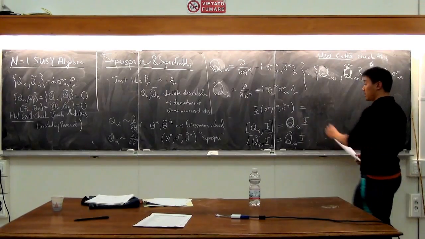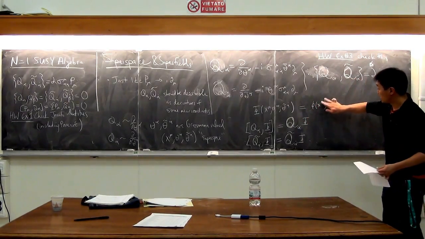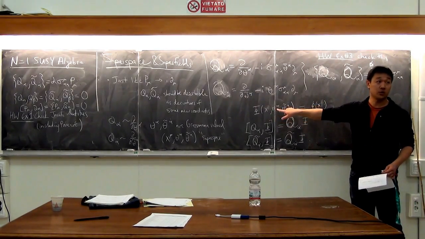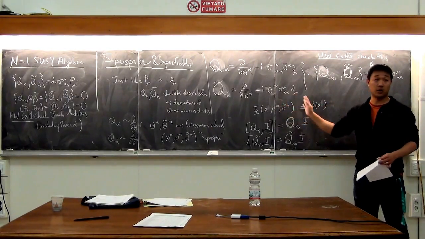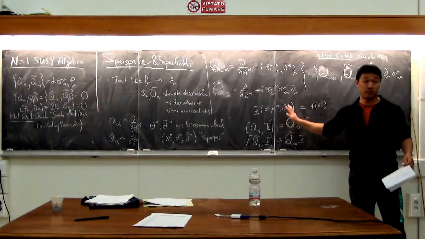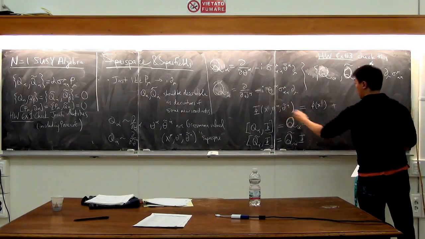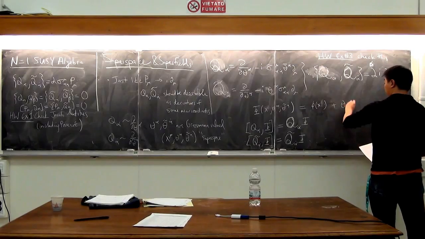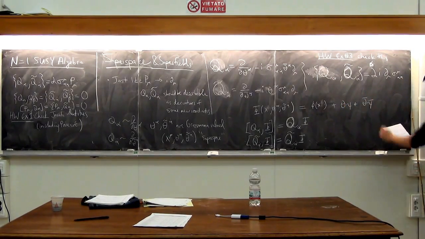If I expand this in superspace, what does that mean? As you know, Grassmann coordinates are very easy to work with. Their Taylor expansions stop because they're nilpotent. So if I start expanding this in theta tilde, at linear order I get that.